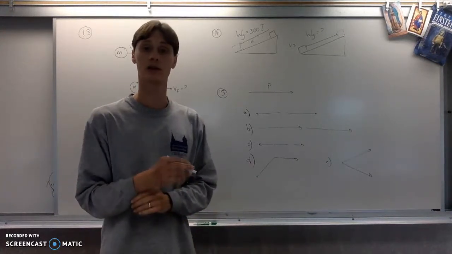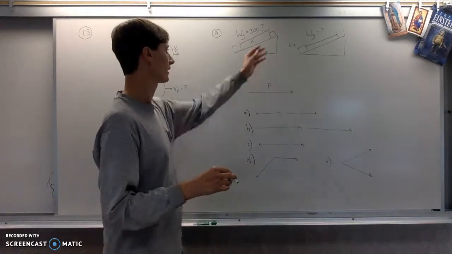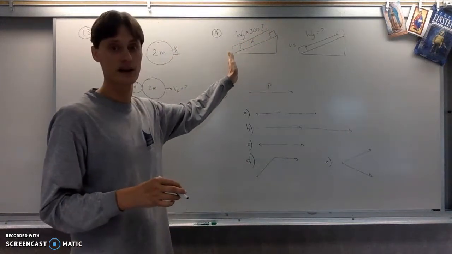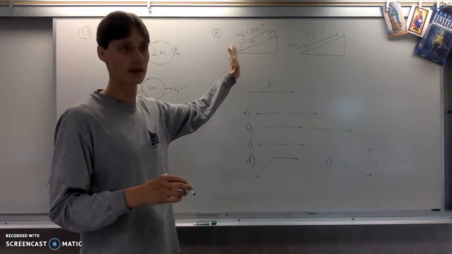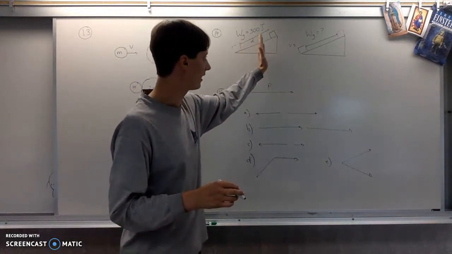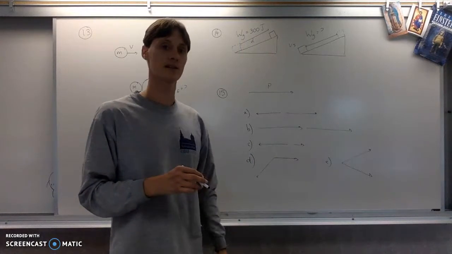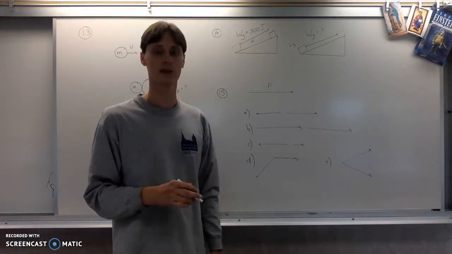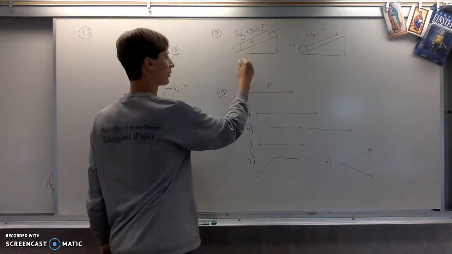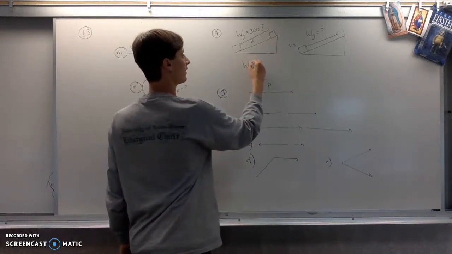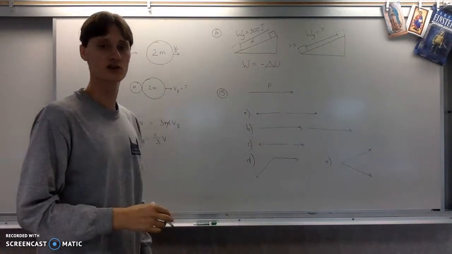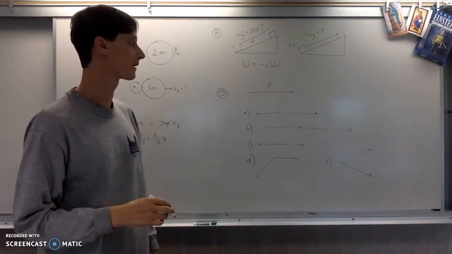They say the work done by gravity is positive 300 joules as it goes down the incline. All right? So if we push it back up the incline, the work done by gravity is just going to be negative 300 joules. The work done by gravity, if you recall, is just the opposite of the change in gravitational potential energy.